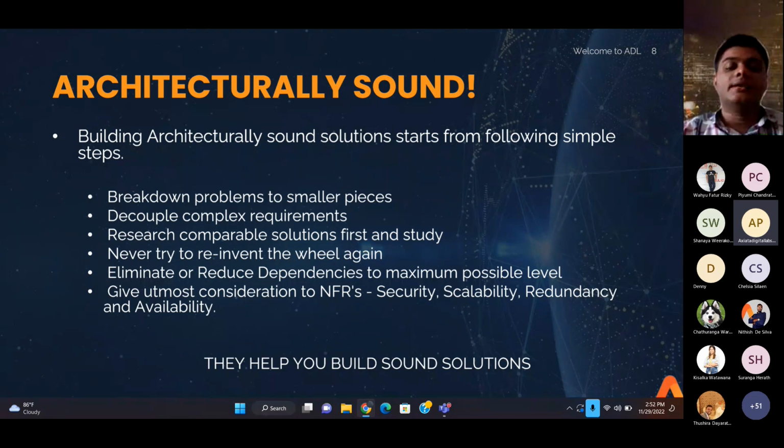These help you build sound solutions. A sound solution is something that lasts continuously till today, not something which is scrapped each and every time. So that's what we call architecturally sound solutions.